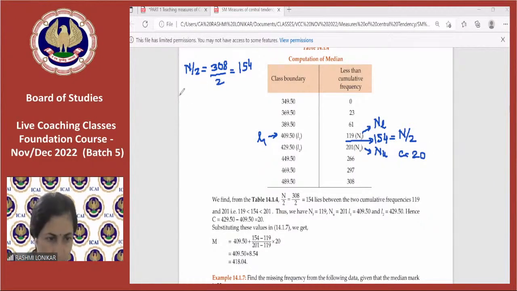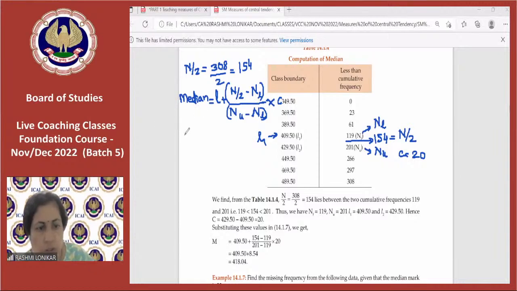So now what does the median formula say? Median is equal to L plus N by 2 minus NL upon NU minus NL into C. Okay. Now what is L?